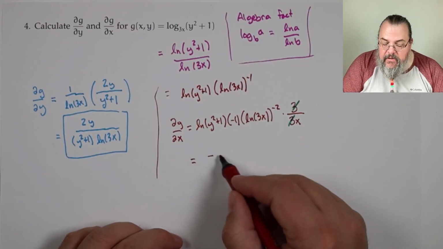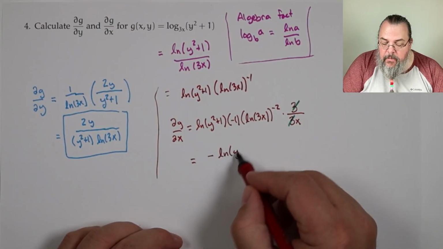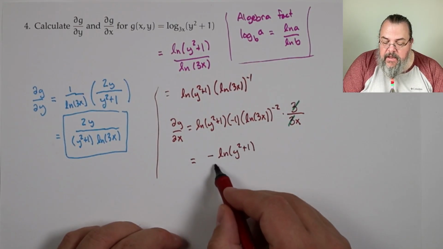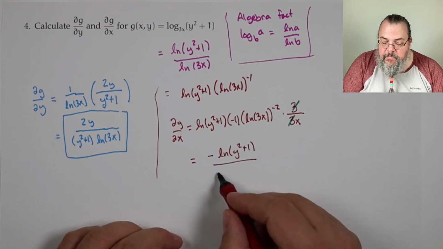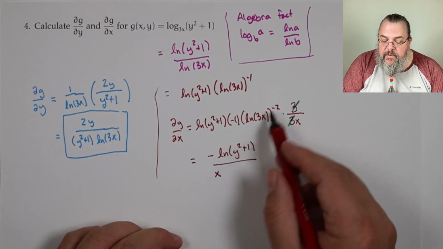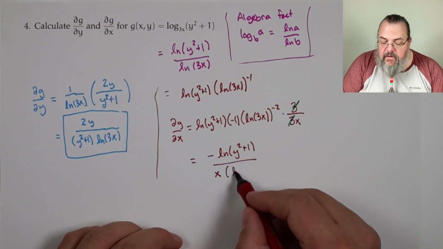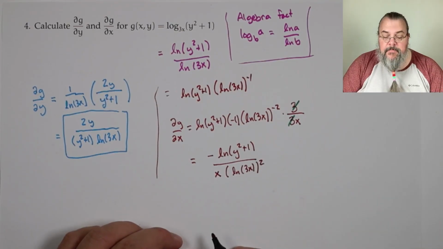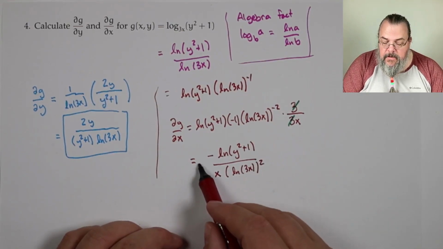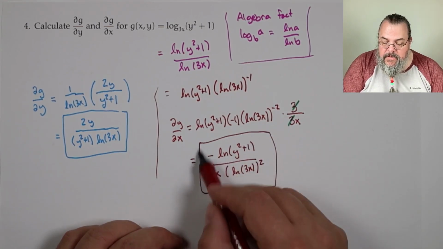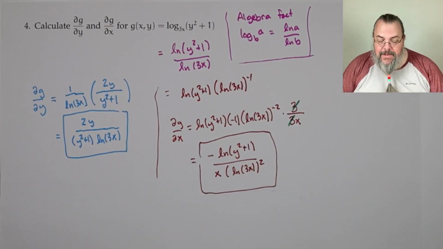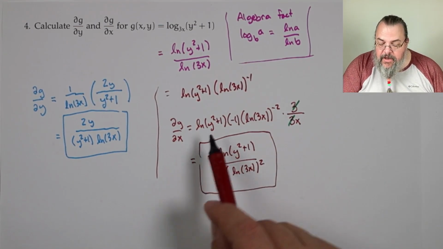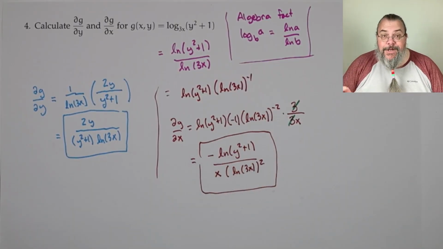So we have a minus log y squared plus 1. Now downstairs we have an x. Then we have this term moved downstairs. So that's log 3x squared. And there's our other partial derivative. And double check, make sure you got all the terms accounted for, and we're good.